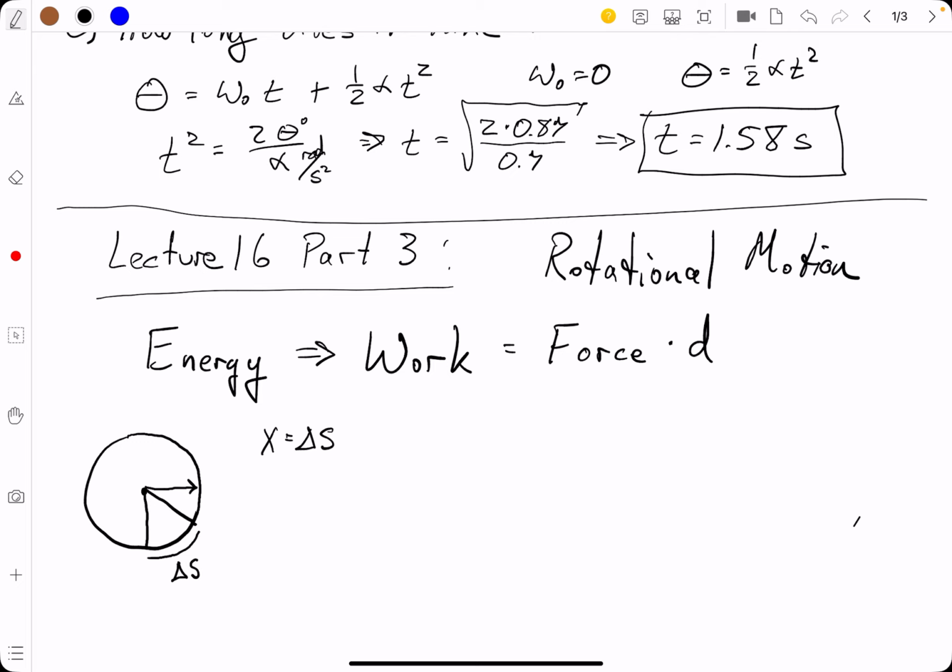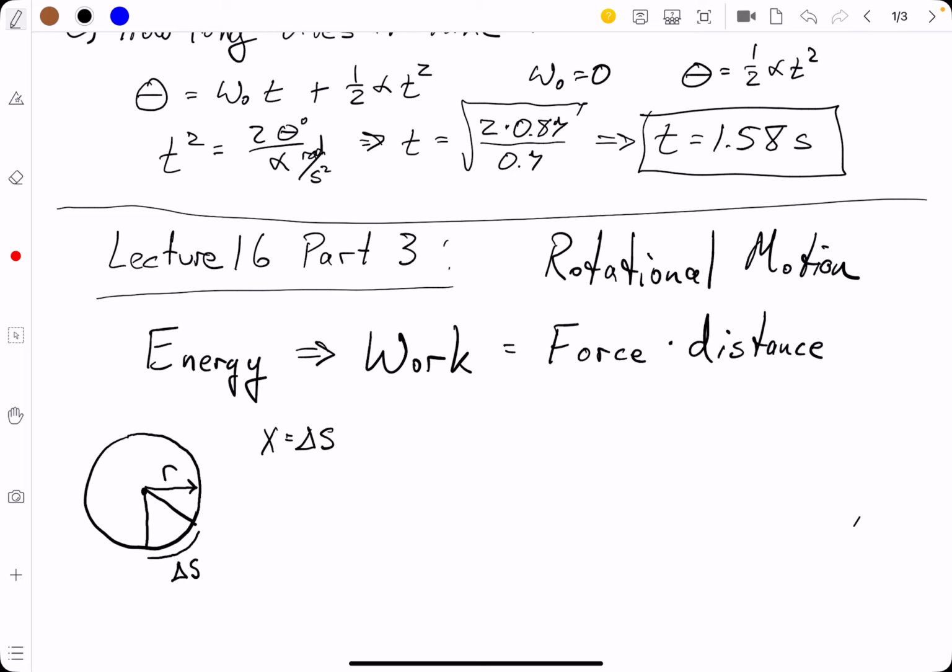That's fine. Our force is equal to this work. So let's write out distance here. All right, so we got force times distance equals our work. Well, we're rotating with some radius r. And we've got this x equals delta S, and that's our distance.